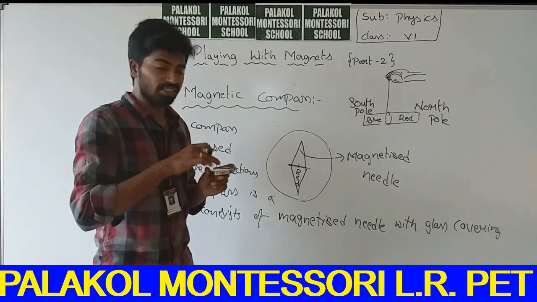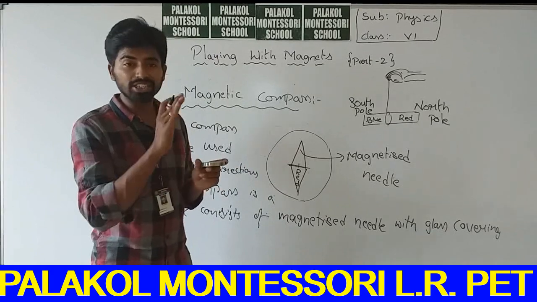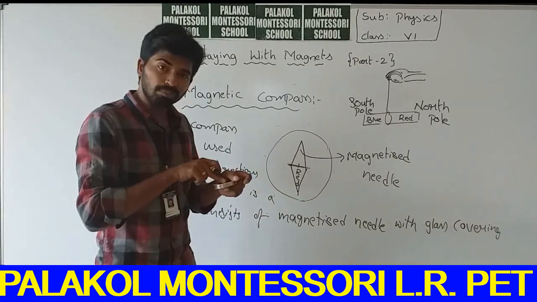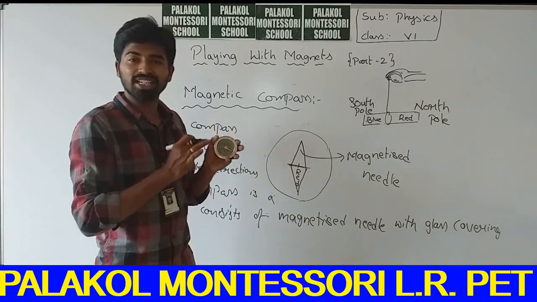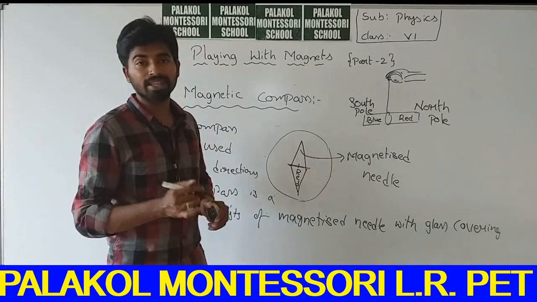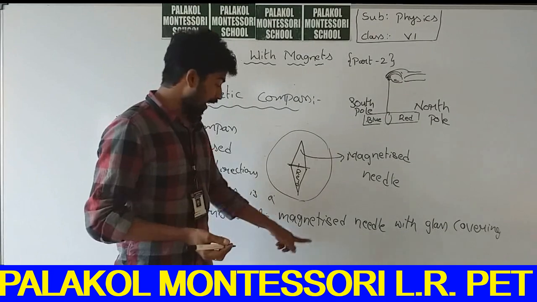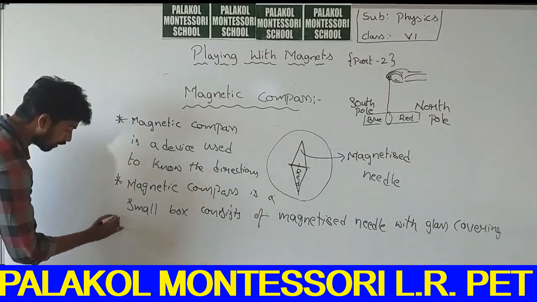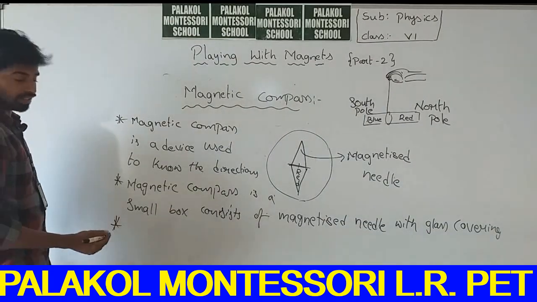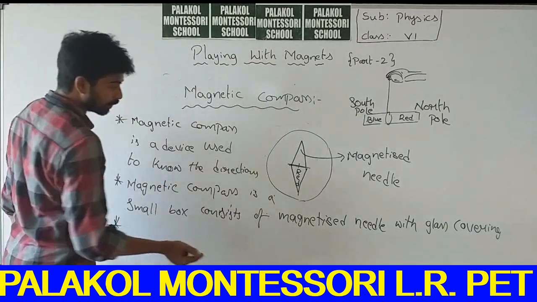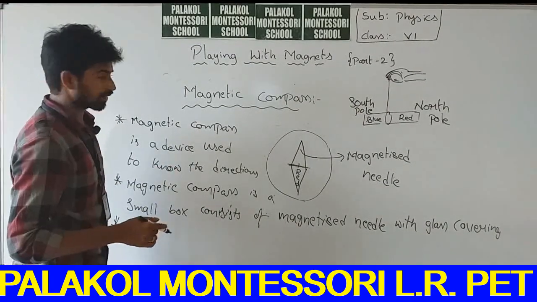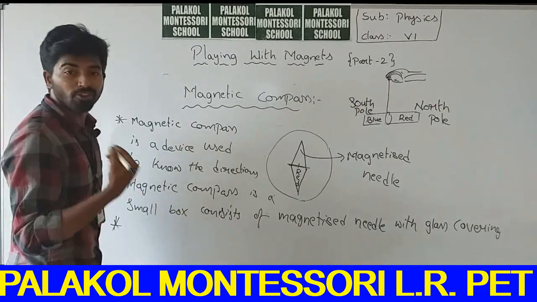The magnetized needle is placed inside the compass in such a way that it can rotate freely. It is pivoted freely.